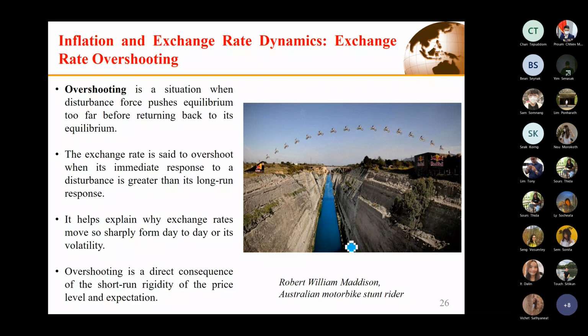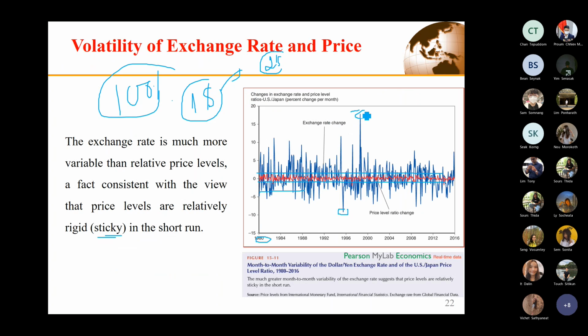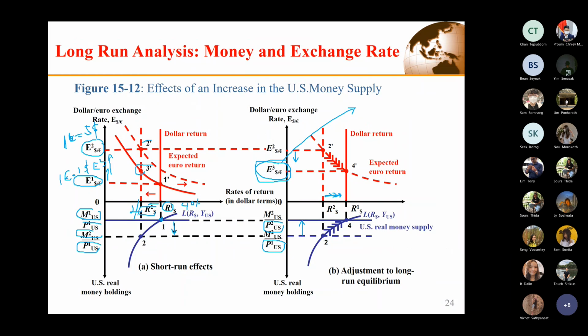When you look at this volatility, you may have the question, why does the exchange rate spike up and down? This is an indication of overshooting. It goes too high before it drops back.